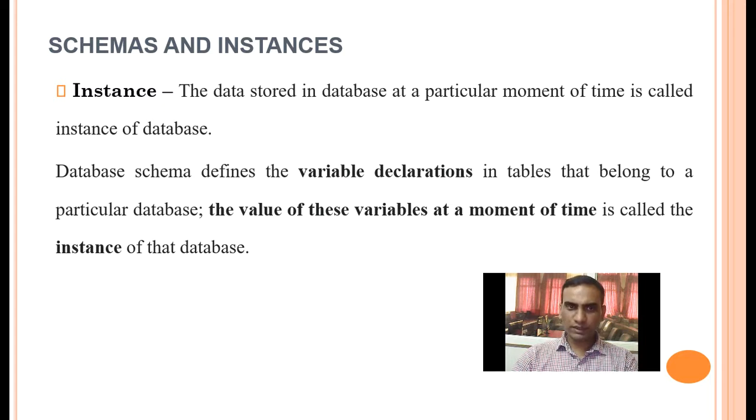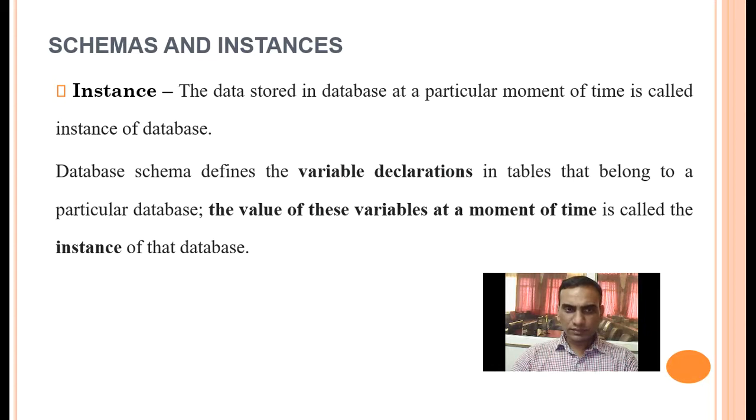Suppose you are having first name, middle name and last name information, you are putting this information into that particular form and you are clicking on the save button. So this is called the moment of time. At that instance of time, I have stored the first name, middle name and last name of that particular student.